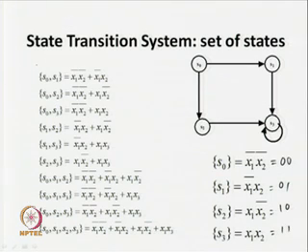Now, I can represent all those particular sets of states with the help of a Boolean expression, because S0 is represented by x1 bar, x2 bar, and S1 is represented by x1 bar, x2. So, this is x1 bar, x2 bar plus x1 bar, x2. Similarly, S0, S2 is, say, x1 bar, x2 bar plus x1, x2 bar.